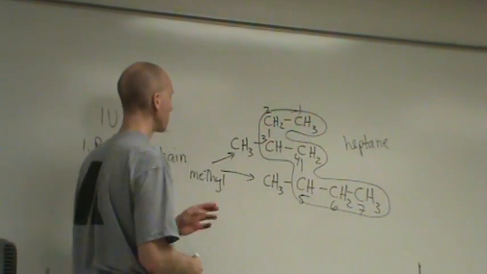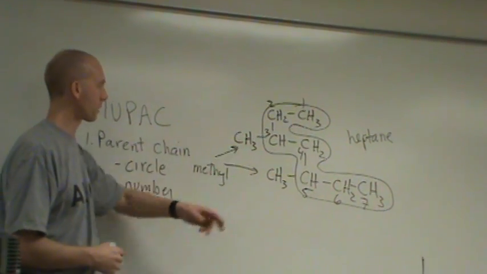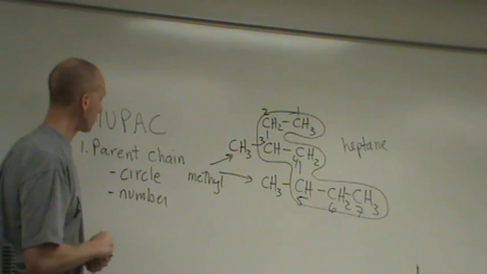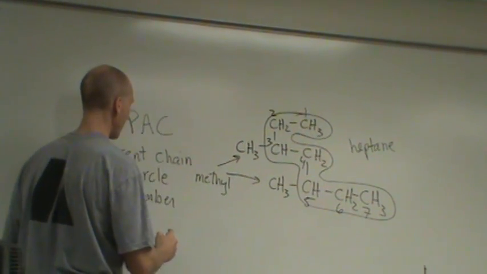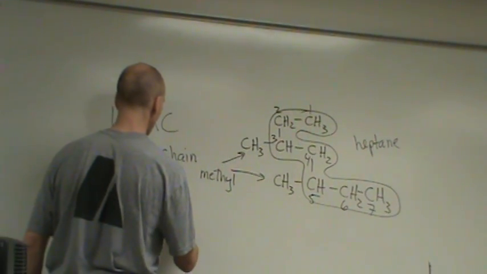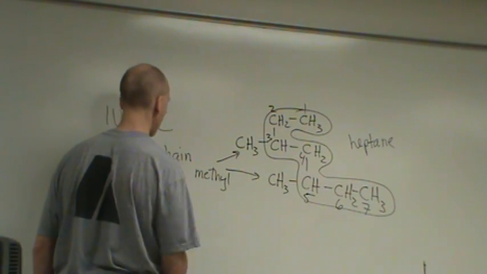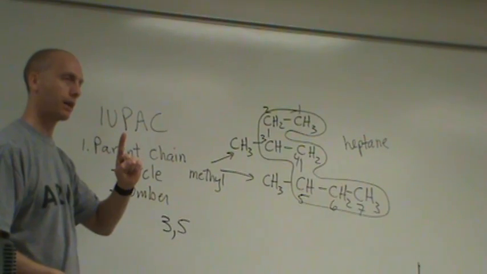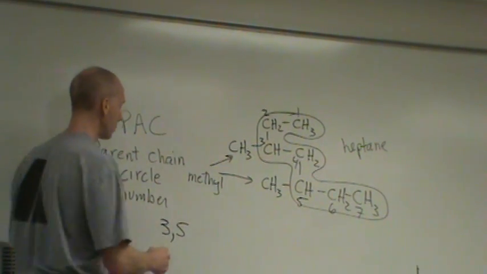And our methyl groups are on what number carbons? 3 and 5. So I can start writing the name of this thing, 3, 5. That's where my methyls are. I have how many methyls? 2.